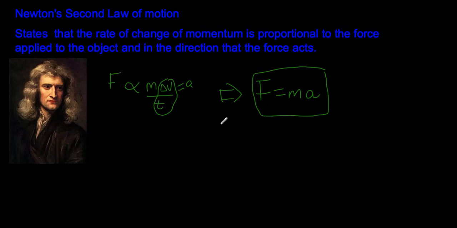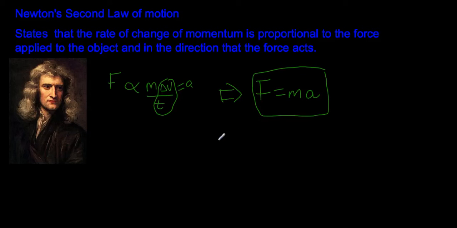We have to remember that force and acceleration here are vectors. Mass is the proportionality constant that we multiply the acceleration by to get the force, and that makes this a very famous and very useful formula.